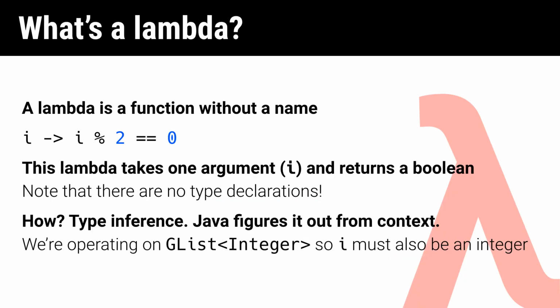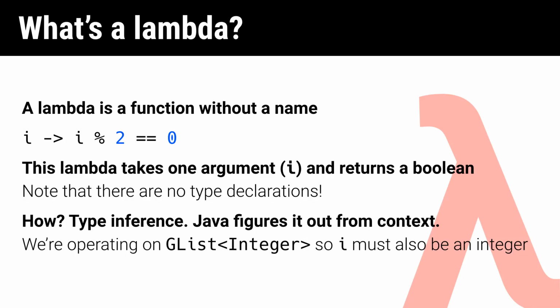So what exactly is this lambda? Well, it's a function without a name. So in this case, i arrow i mod 2 equals 0. This is a lambda that returns a boolean. And notice what's not here. No type declarations. We never say that i is an integer. We never say that the lambda returns a boolean. Java figures it all out from context.